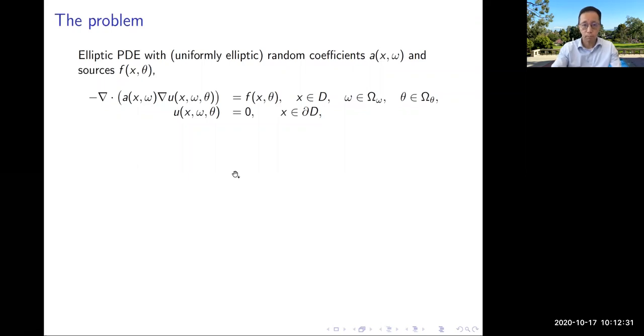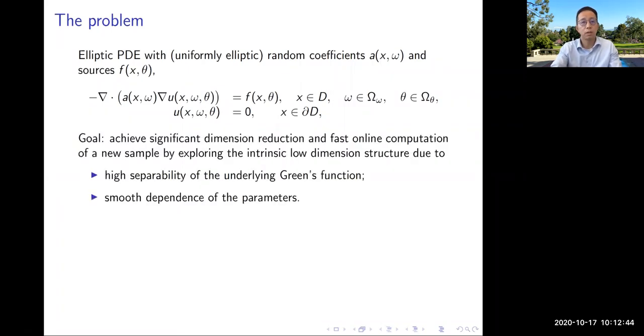So I'm basically sampling: given a new omega and a new theta, can I construct this solution quickly enough? Of course, nothing is free. Here I assume I have data. You have many measurements from before, or you have many offline simulations. Now I really want to do a fast online computation.